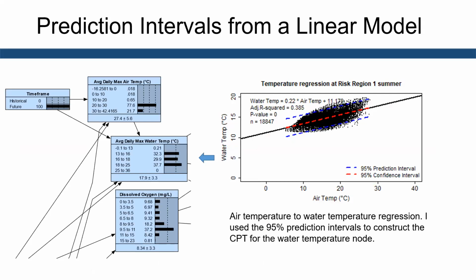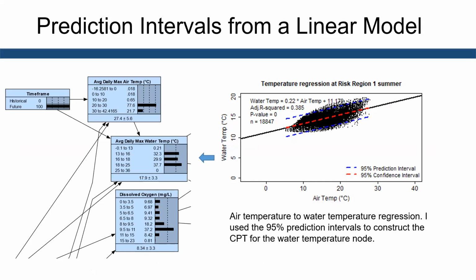Okay, so next up is the prediction intervals from a linear model. And I sent Emma the code on this one, so you might be a little familiar with this one. But so in this part of the model, we're looking at the water temperature as a stressor.